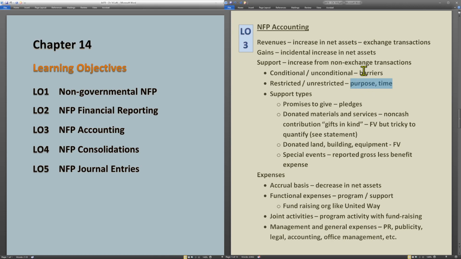So conditions have barriers attached that need to be fulfilled. And so you can have a conditional or unconditional donation. And then once the condition has been fulfilled or there's no condition at all, they can further be restricted or unrestricted.